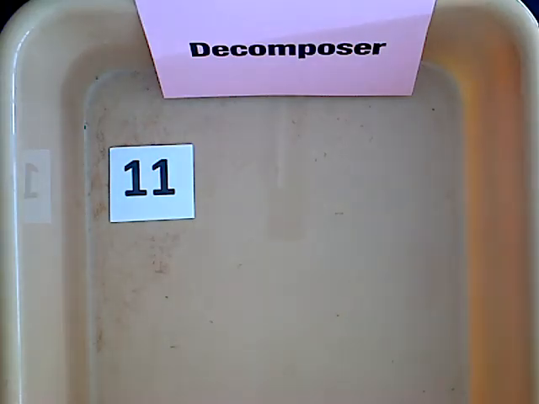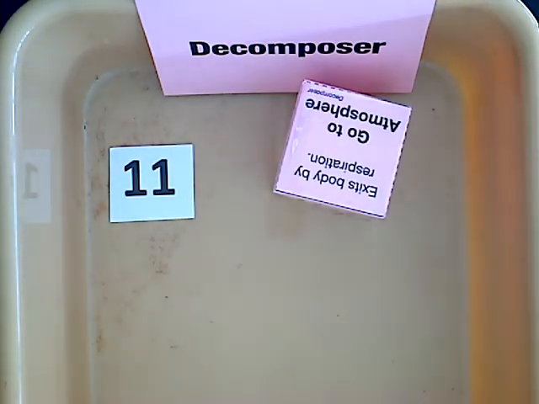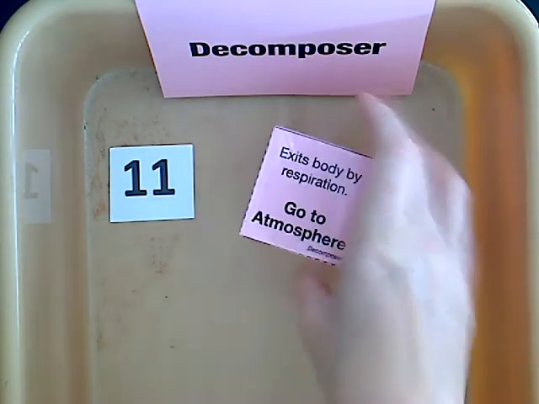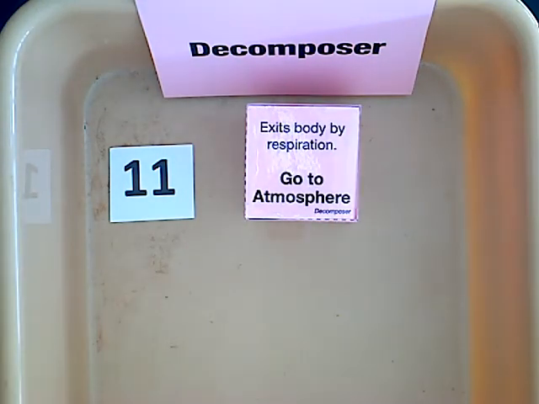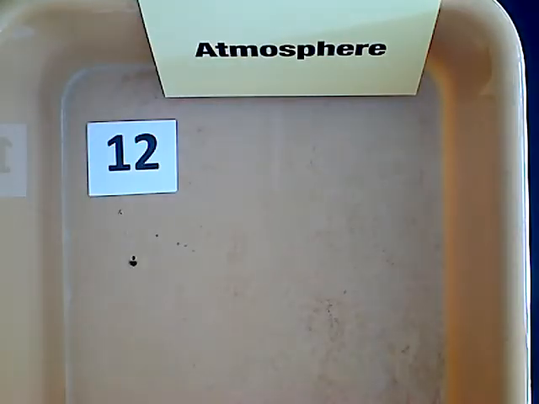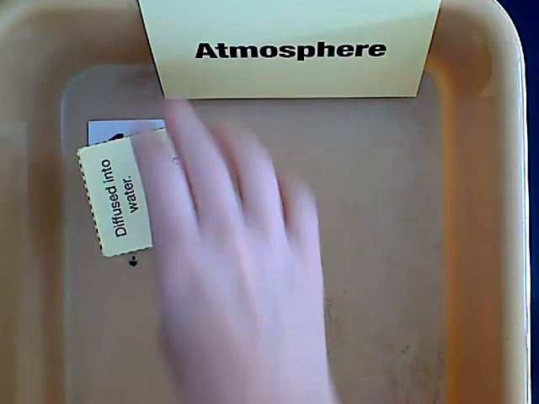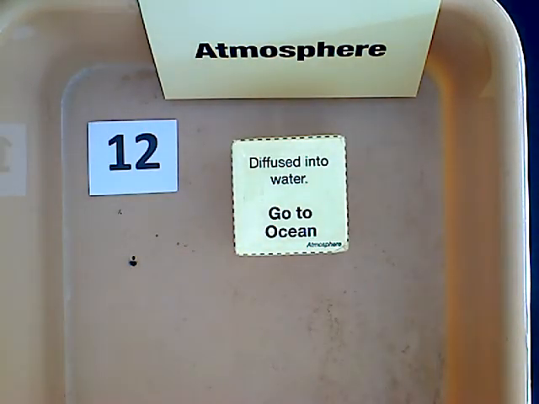Our carbon is now in the decomposer, and it's going to exit the body by respiration, and it's going to go back into the atmosphere. Our carbon is back in the atmosphere, and we are going to diffuse into water, and go back to the ocean.